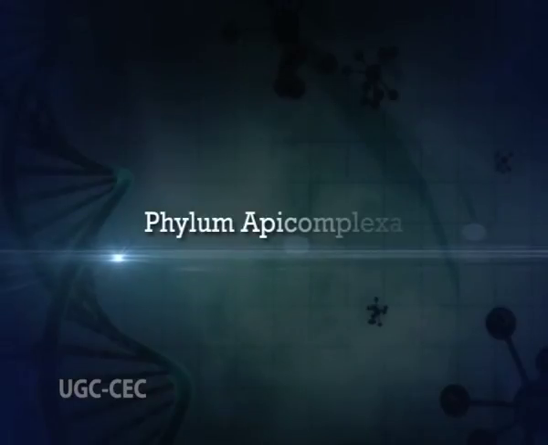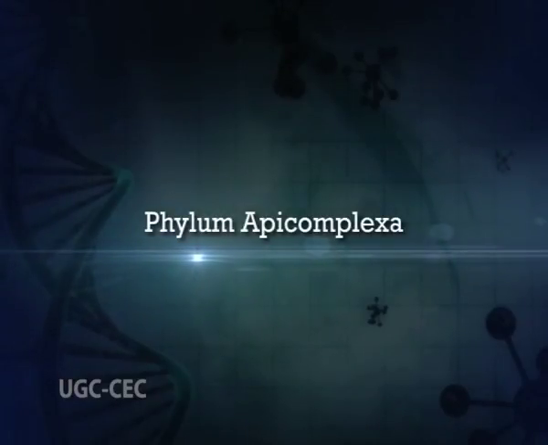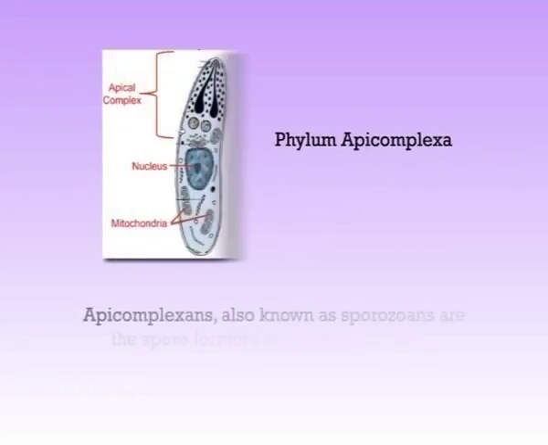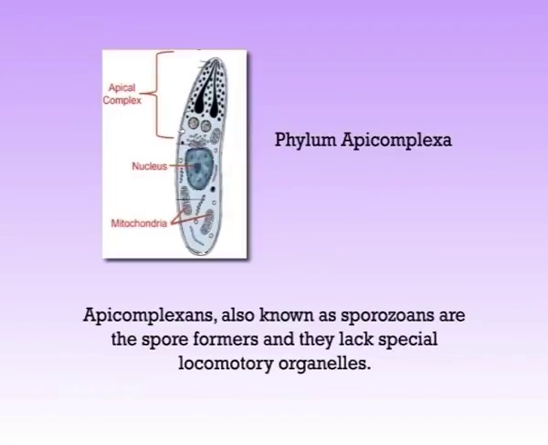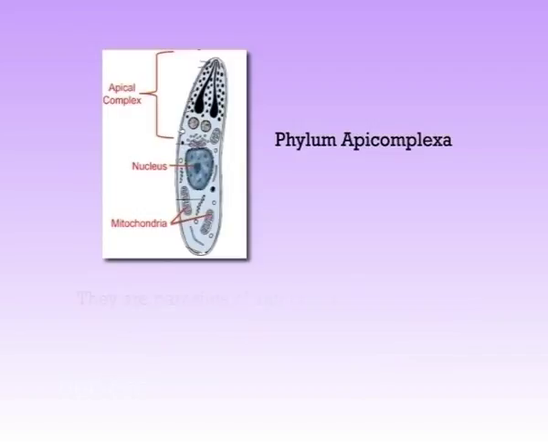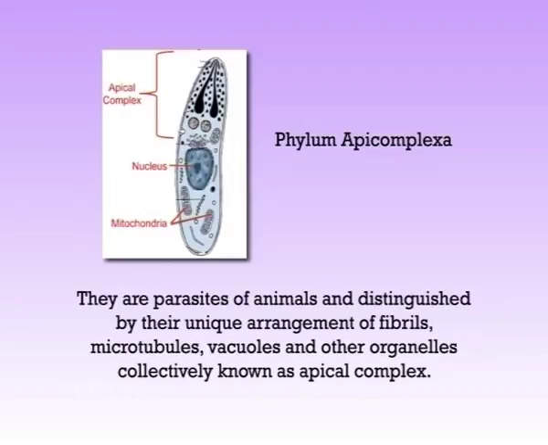Next we'll see the phylum Apicomplexa. Apicomplexans, also known as sporozoans, are spore formers, and they lack special locomotory organelles. They are parasites of animals, and they are distinguished by their unique arrangement of fibrils, microtubules, vacuoles and other organelles, which are collectively known as the apical complex.